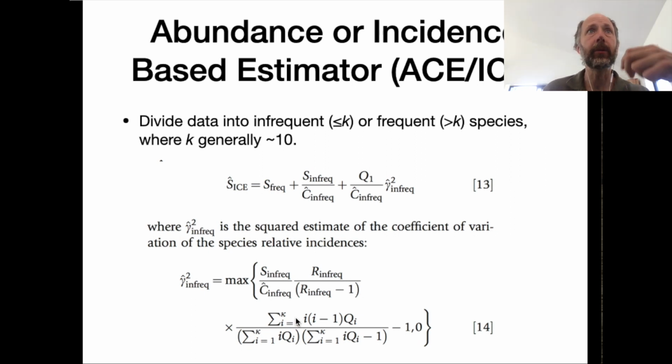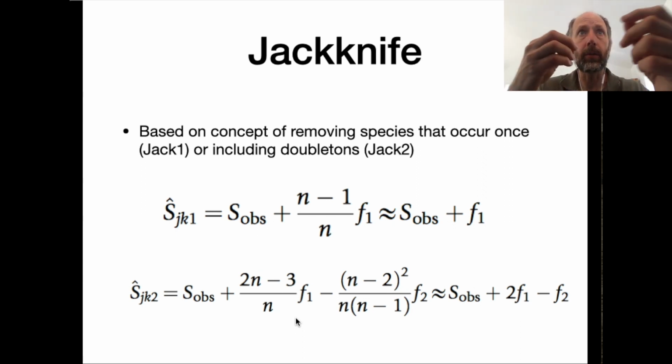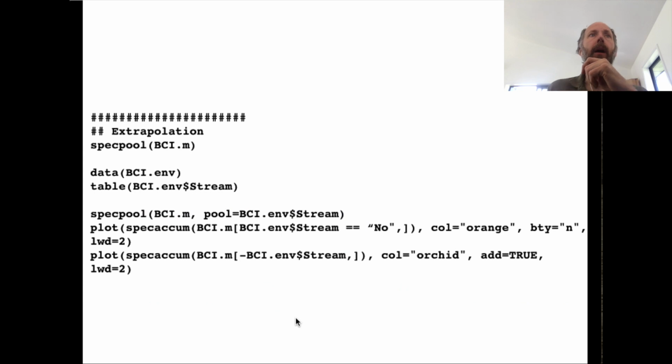Again, it's looking at the number of infrequent and frequent species, takes into account more of the different levels of abundance, but it's still highly influenced by the number of rare species. The jackknife is based on removing species that occur once or including doubletons in that calculation, but again, it's driven very much by the number of species found once. And so you end up with these different values.